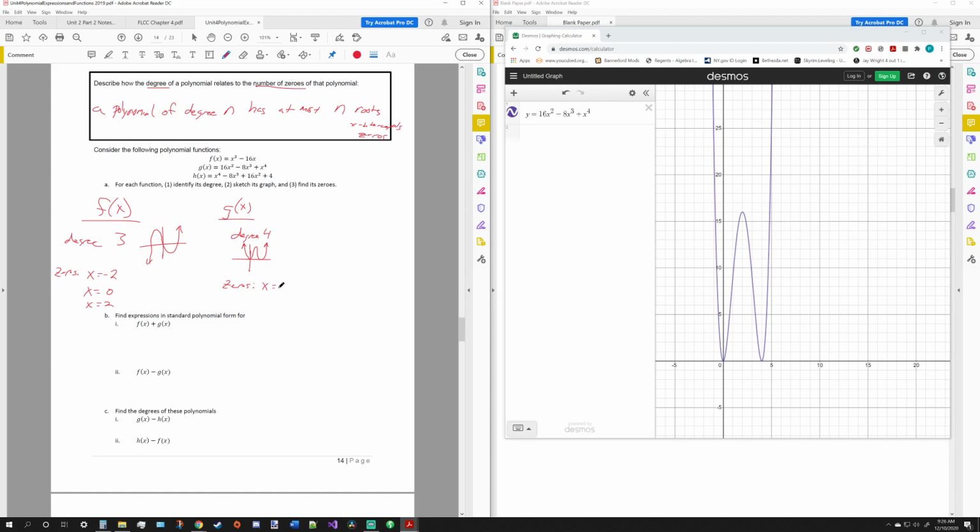So the zeros here are x equals 0 and x equals 4. So only 2 zeros there. It could have had a max of 4, right? If we shifted it down, it would have ended up with more. And then h of x.